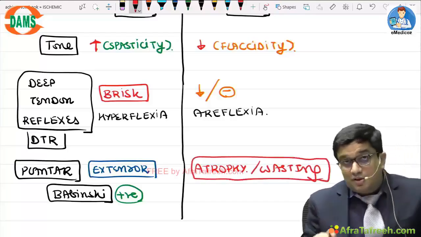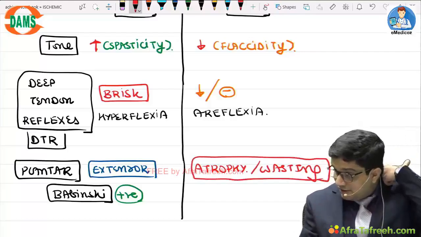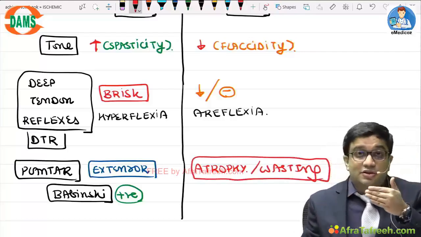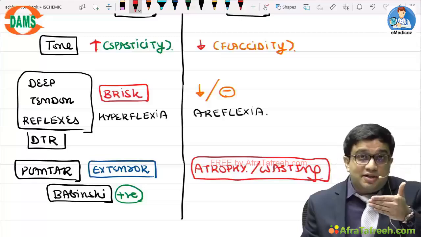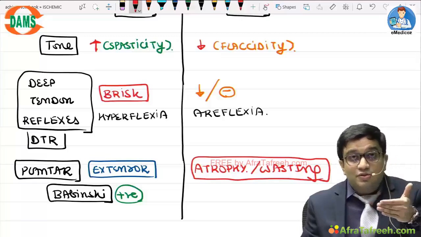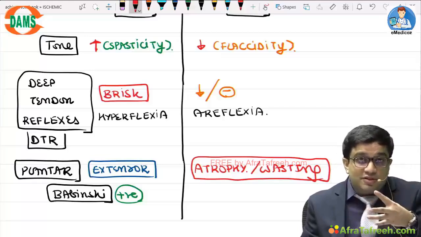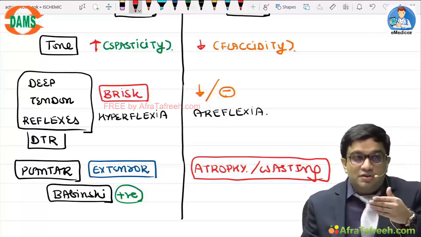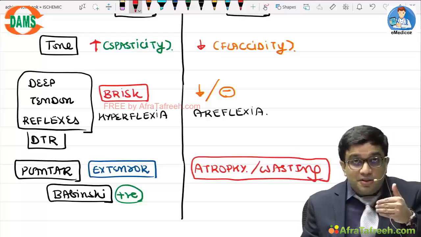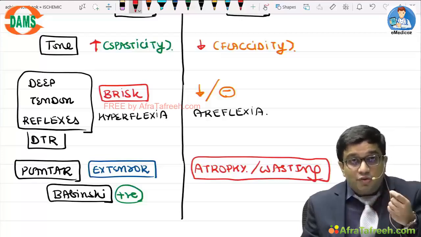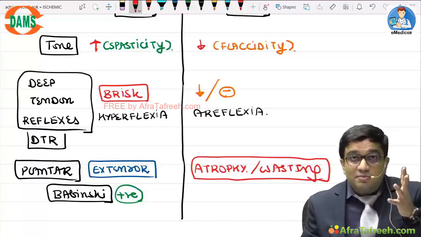You know what the anterior horn cell gives to the muscle, or the nerve gives to the muscle. It actually doesn't give only the contraction signal, it also delivers a kind of a trophic factor. So in an anterior horn cell lesion or maybe a nerve lesion, the trophic factors towards the muscle are not being delivered.